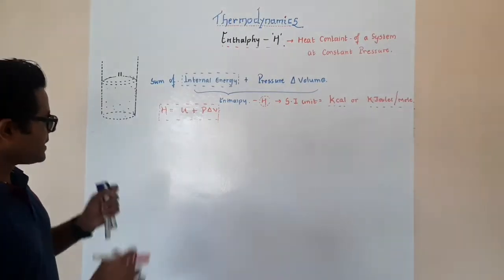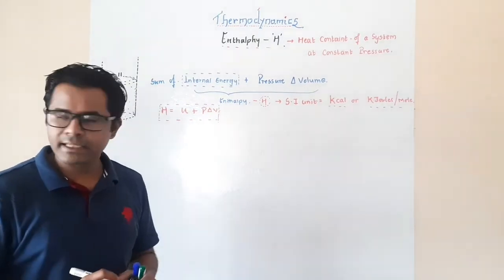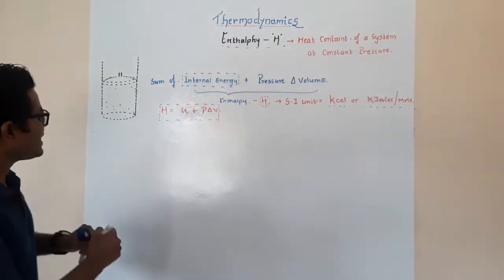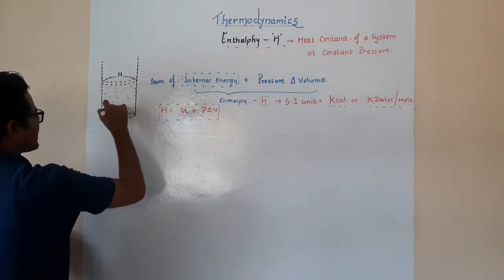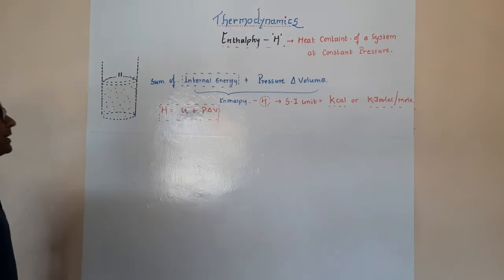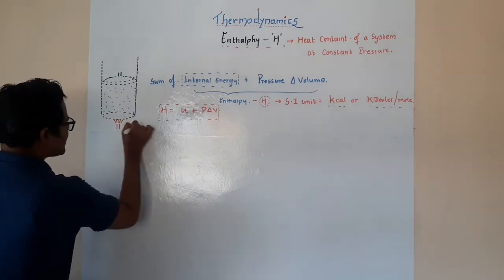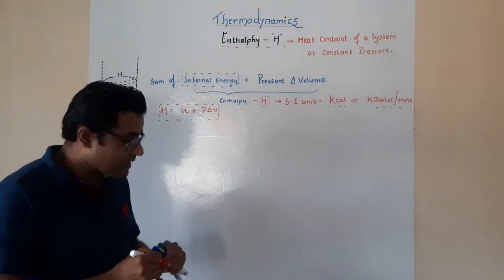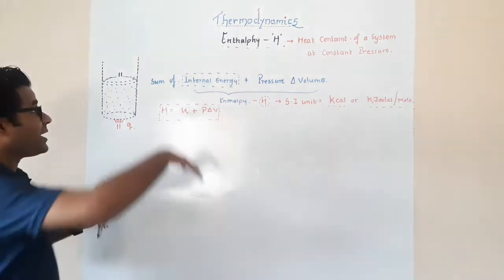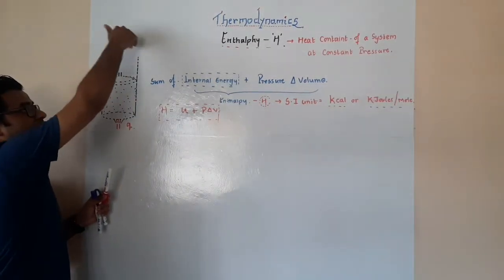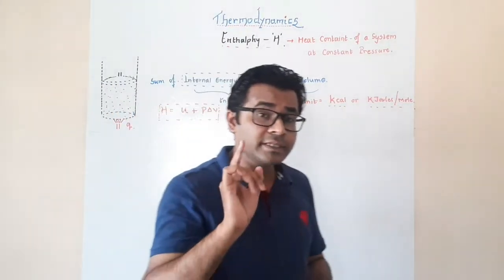Let's say we have taken n number of gas molecules in this system. Now to this system we supply a certain amount of heat energy, Q. We are neither going to increase nor decrease the pressure, so this entire process occurs at constant pressure.